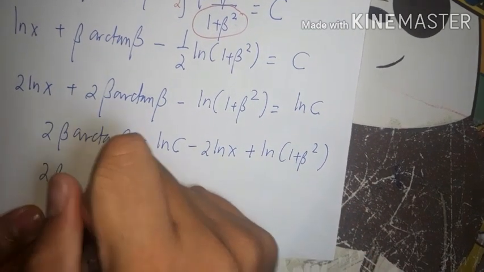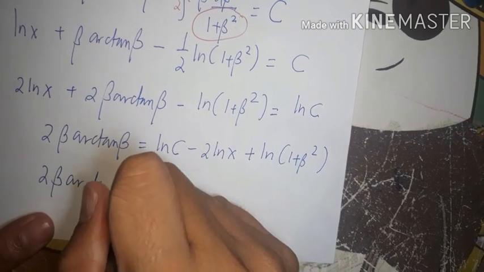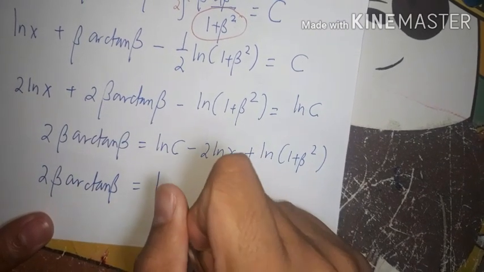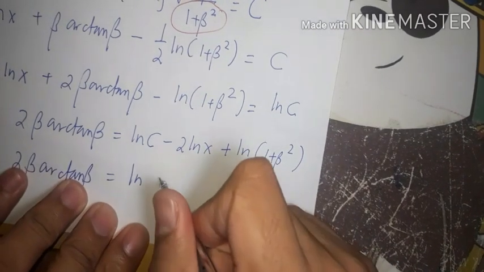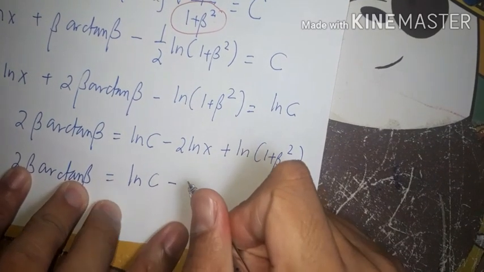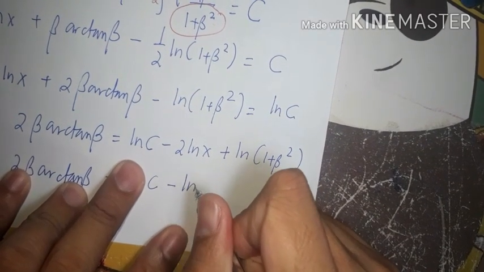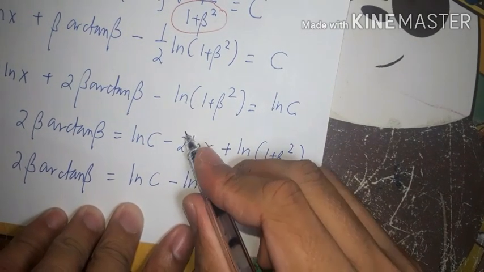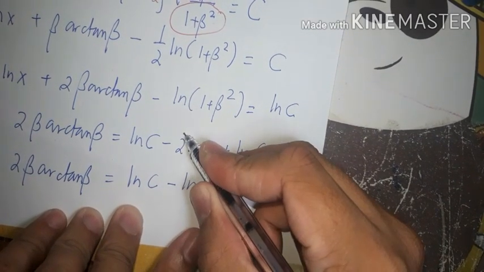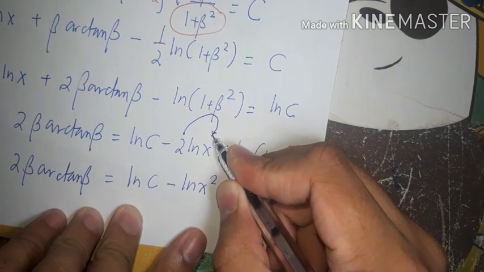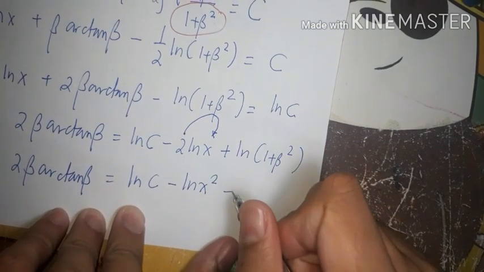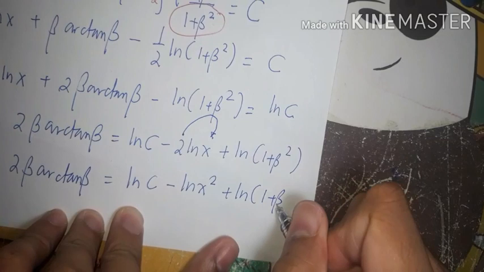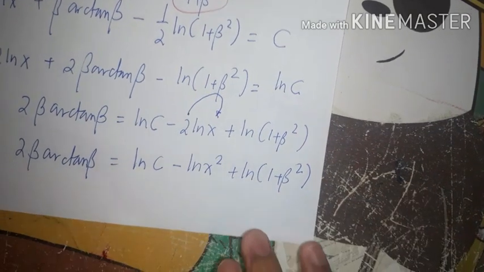So simplifying further, that's 2 beta arctangent beta equals ln c minus ln x squared, because that coefficient magiging exponent lang ni x squared using property of logarithm, plus ln 1 plus beta squared.